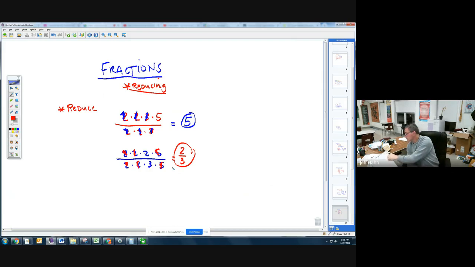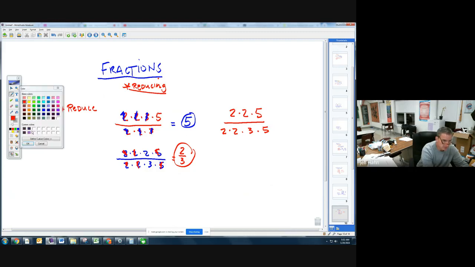And I'm going to give you one more. If you were given a problem like this, let's do a third one here. It was 2 times 2 times 5 on top over 2 times 2 times 3 times 5. Following the same rules we've followed before, a 2 on top crosses off with a 2 on the bottom.